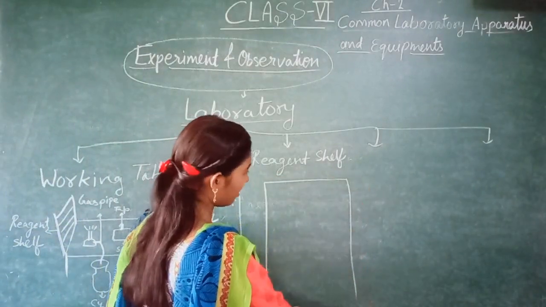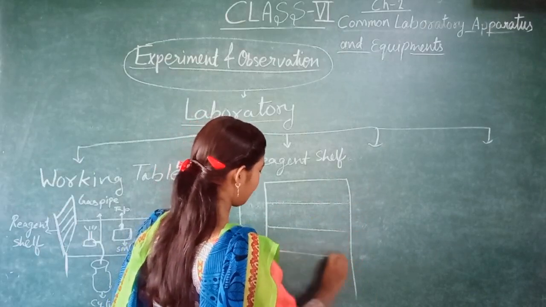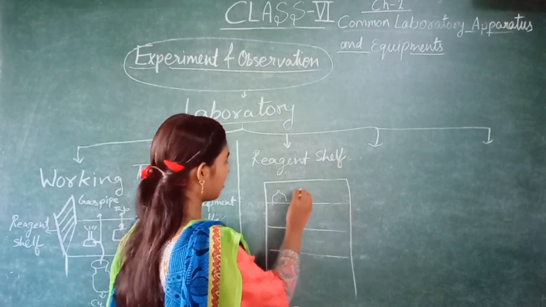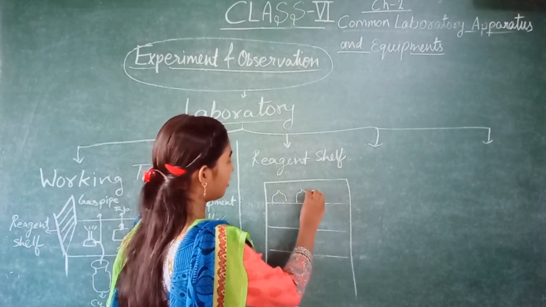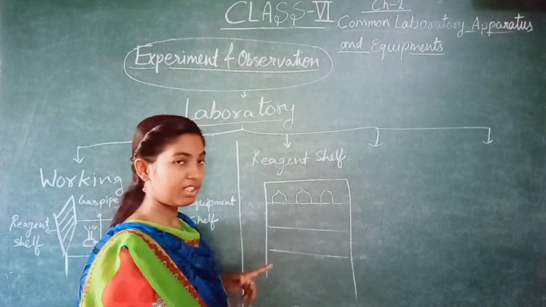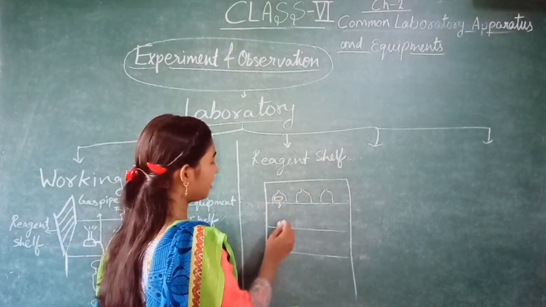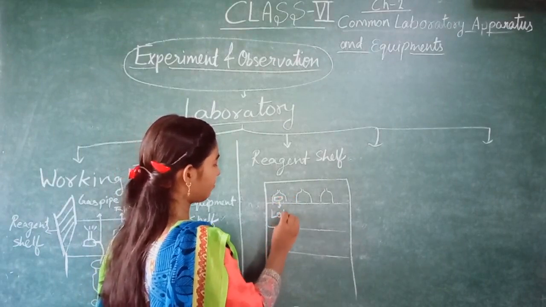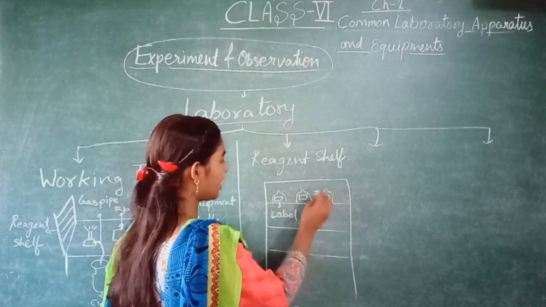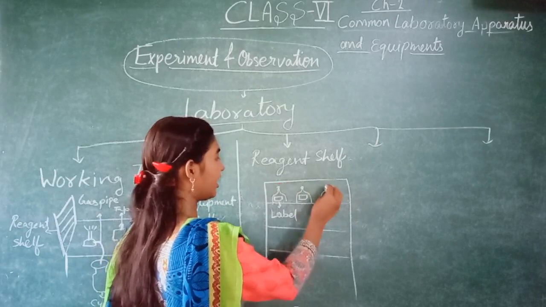And on this shelf, chemicals are kept in bottles, different bottles of different sizes and colors. And how will you come to know which chemical is put in which bottle? For that we are doing labeling. We are labeling over the bottle. Each and every bottle is labeled with a sticker, so that there is no confusion about which chemical we are taking.